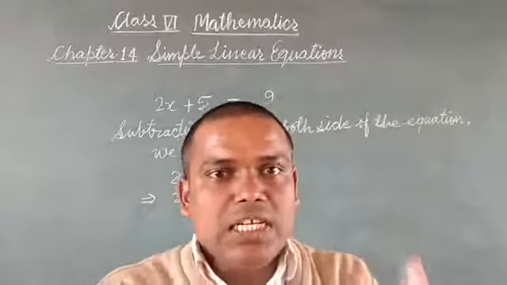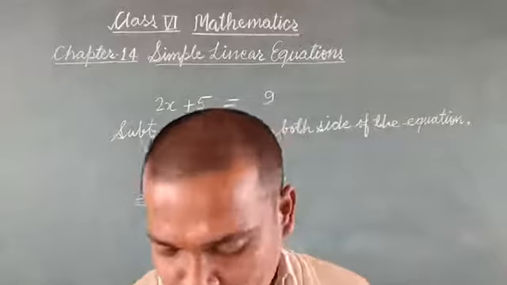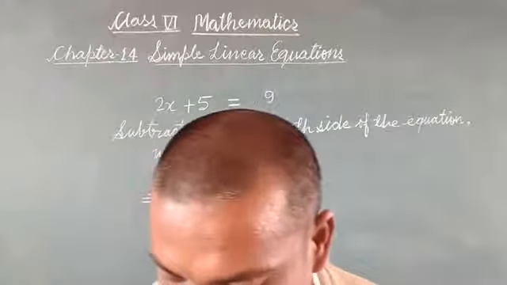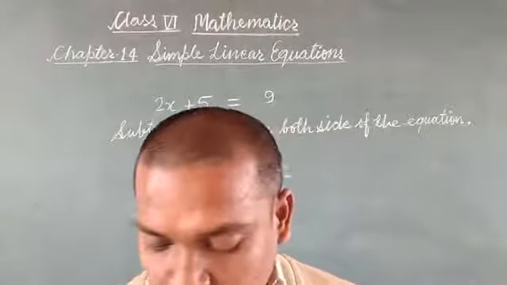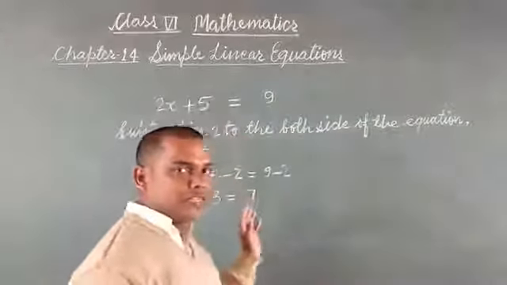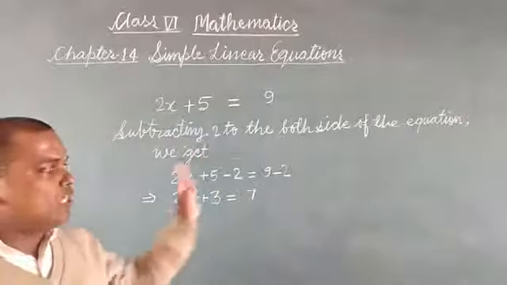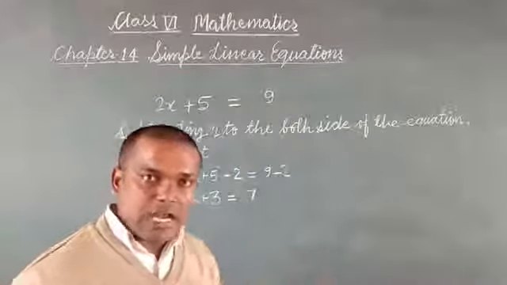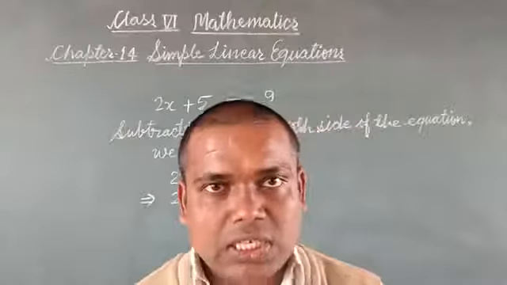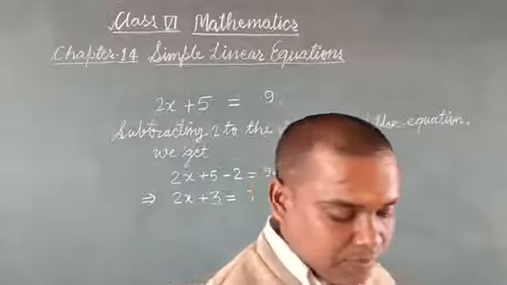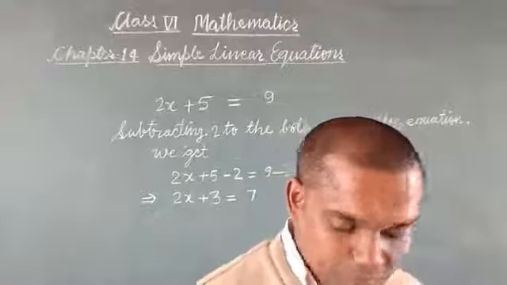The equation remains same. Similarly, you can multiply by the same number to the left side and right side of an equation. The equation remains same. And you can divide by the same number to the left side and right side of an equation. The equation remains same.